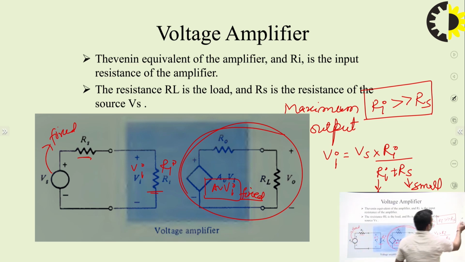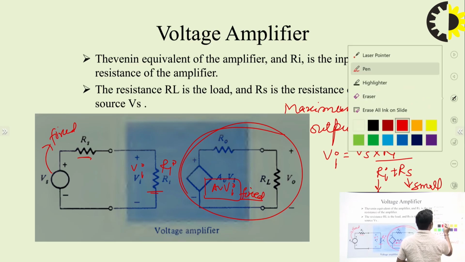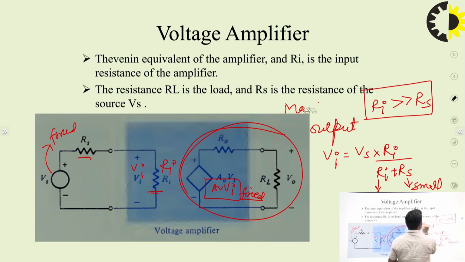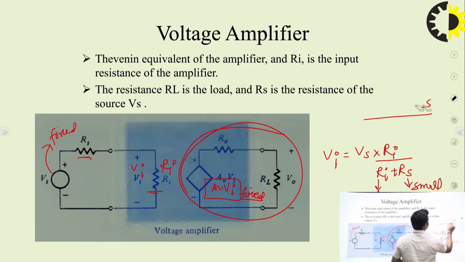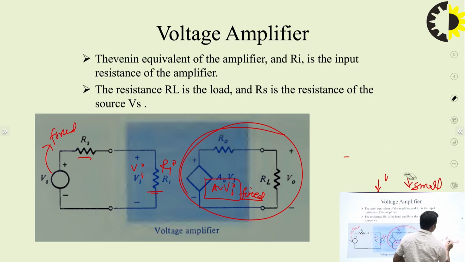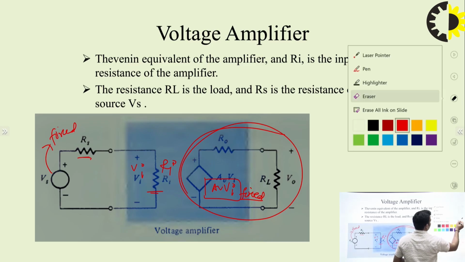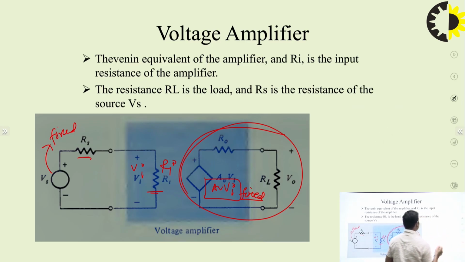Now, let us concentrate on output side. And now you can see here that V naught is equal to what?